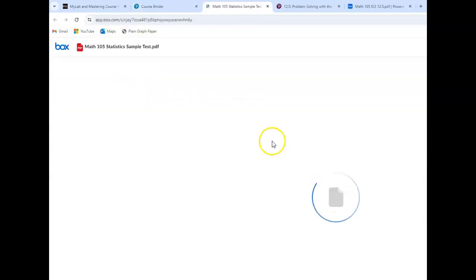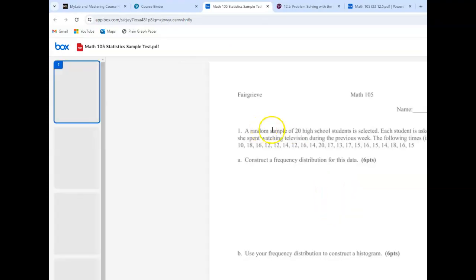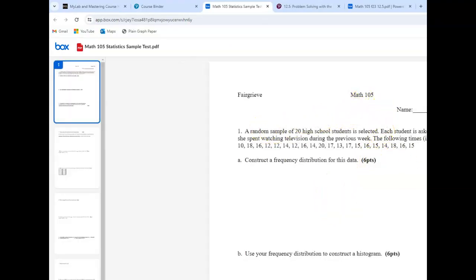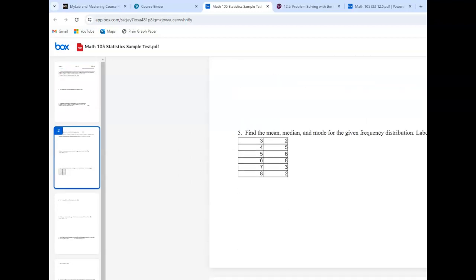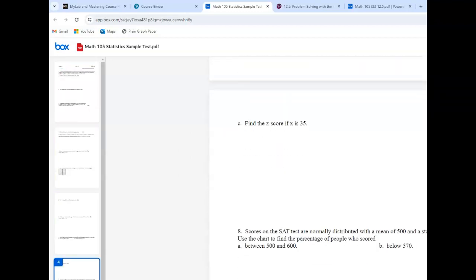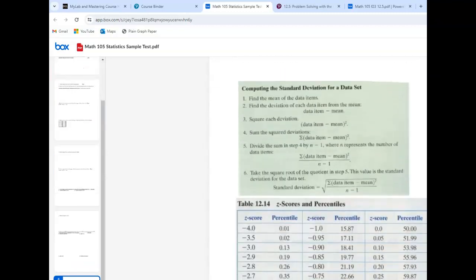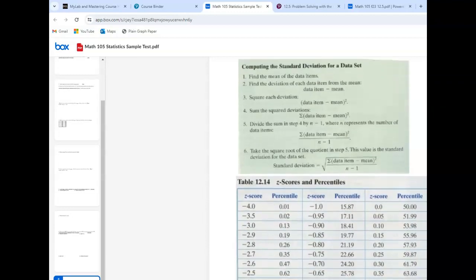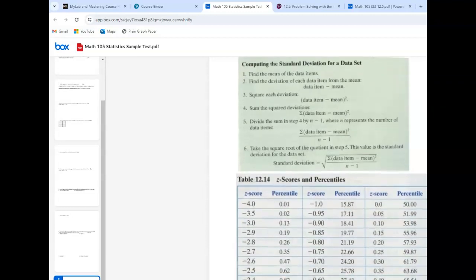Pop up that sample test for you here. You might not be able to see all of it, but what I want you to know is at the end of that test, I do give you the steps for doing standard deviation, so you don't have to worry about doing that on your own.